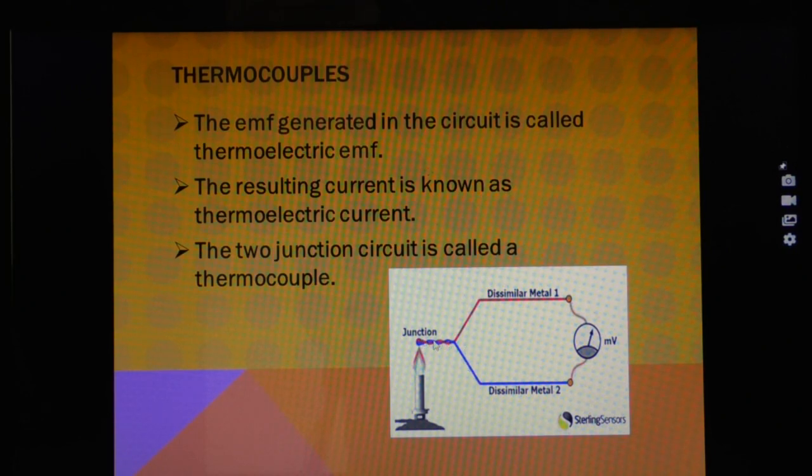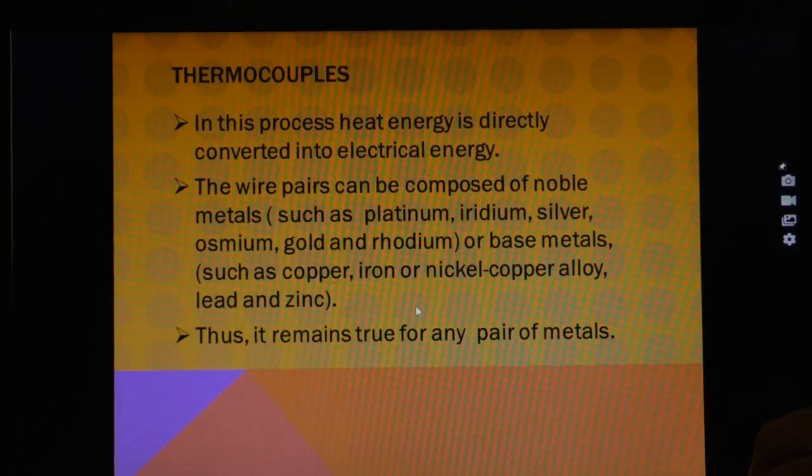When these two are joined, making a junction, this junction is connected with a hot reservoir, that is a candle, and the other end is connected with the terminals of the galvanometer, measuring the voltage in millivolts. The two-junction circuit is called a thermocouple. In this process, heat energy is directly converted into electrical energy.